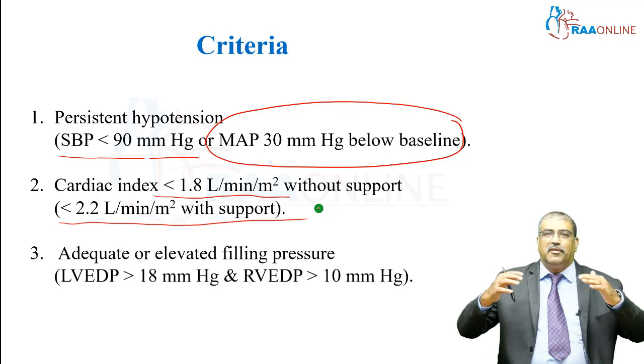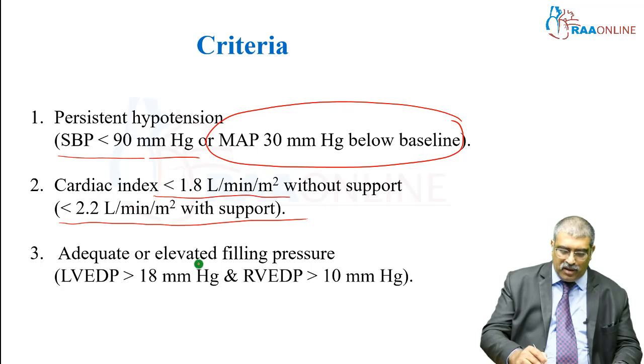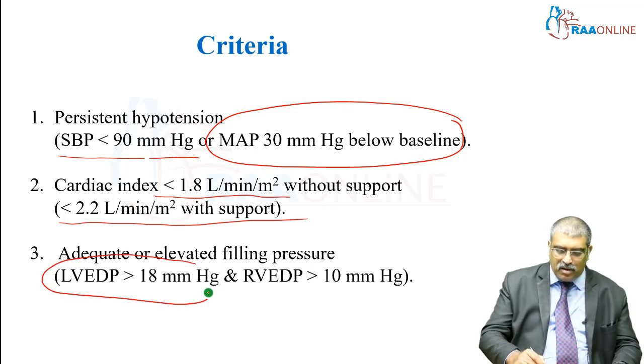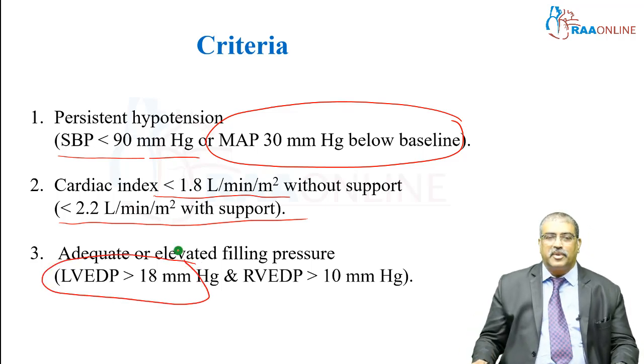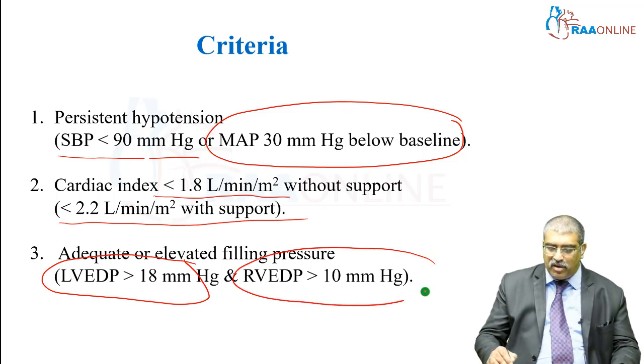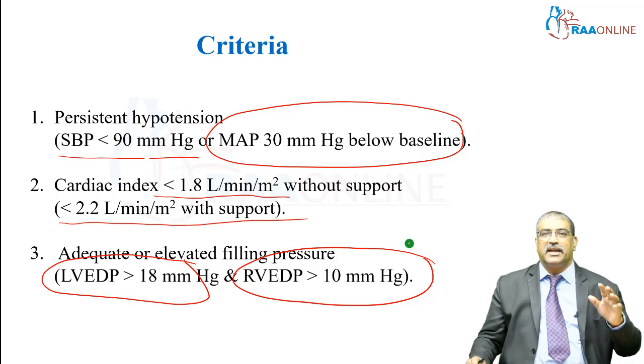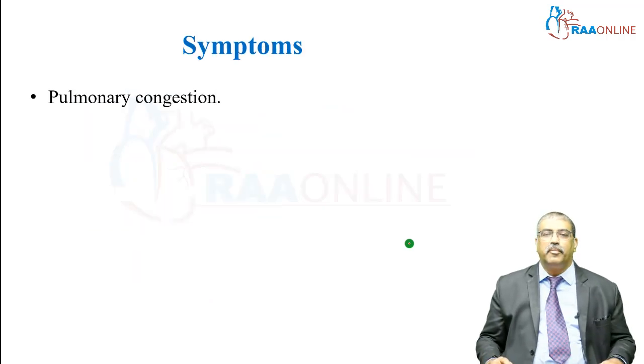And your filling pressure is elevated. Your pulmonary capillary wedge pressure or left ventricular end diastolic pressure is greater than 18 millimeter of mercury or your CVP or right ventricular end diastolic pressure is greater than 10 millimeter of mercury.